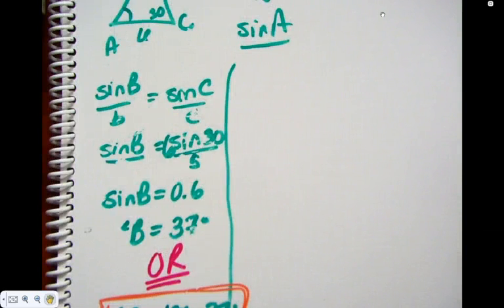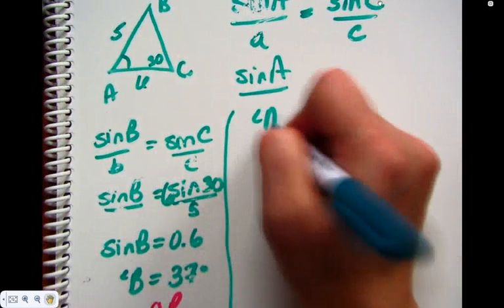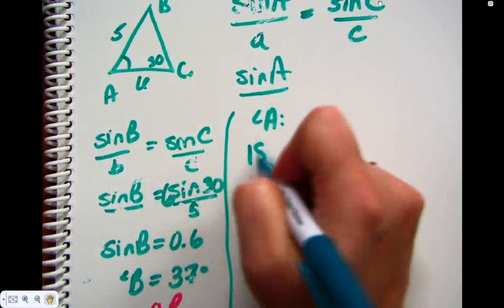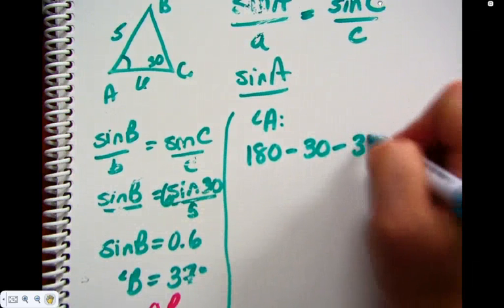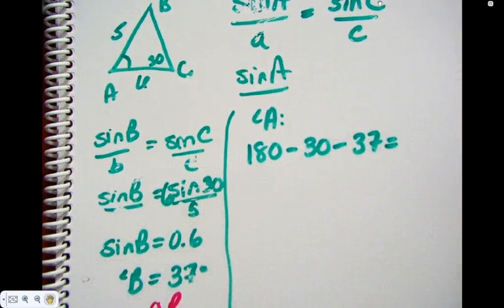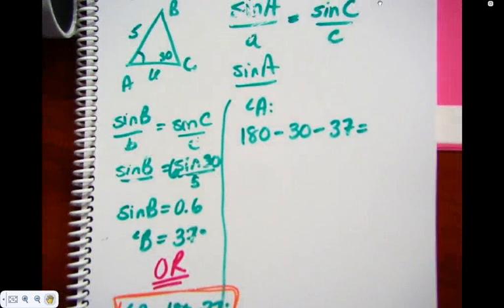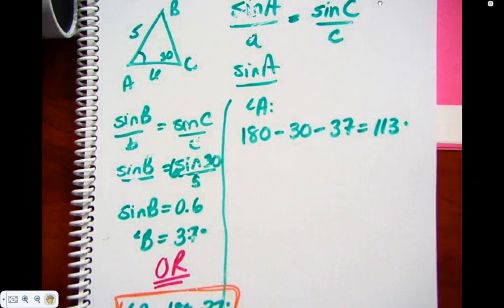But we're not done because the question didn't ask for B. What did the question ask for? Angle A. So we know that 180 minus the given 30 minus the first value of B has to equal angle A. I get 113.